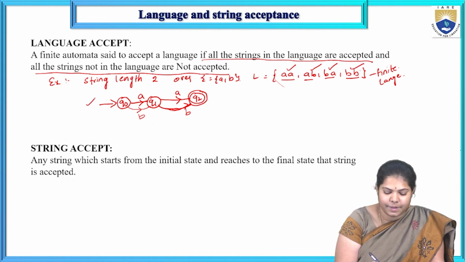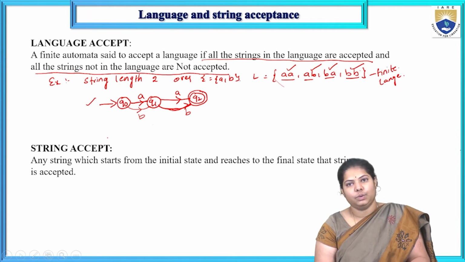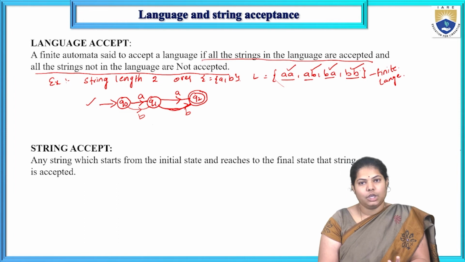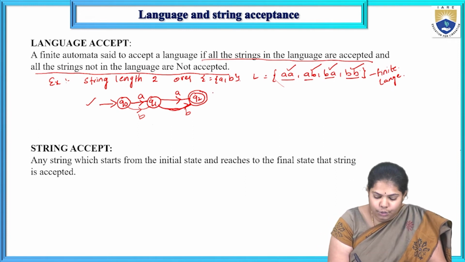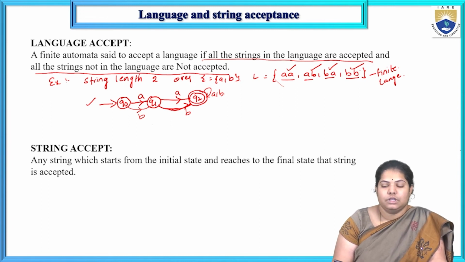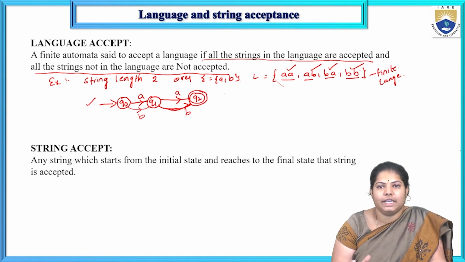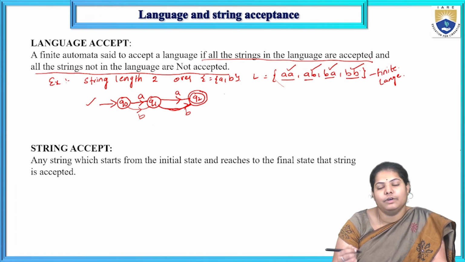Is this a DFA? No, this is not a DFA, because Q0 has two input symbols A and B, Q1 has two input symbols A and B. Then what about Q2? Q2 also should contain A and B. If I keep a loop here and give A and B, it executes a string length of more than 2, so that should be ruled out.